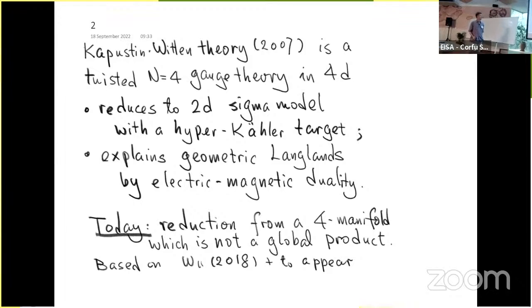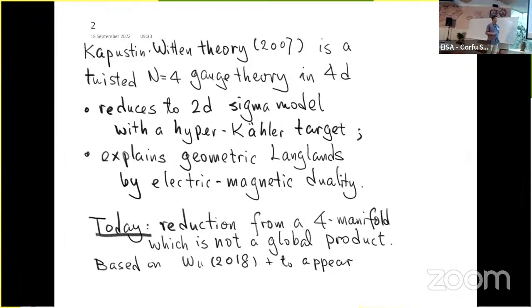In this case, it's a sigma model whose target space is a hyperkähler manifold, which I will mention in more detail. By doing so, they were able to explain the mathematical theory called the geometric Langlands program by using electric-magnetic duality.